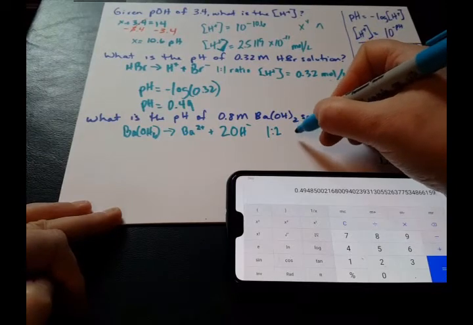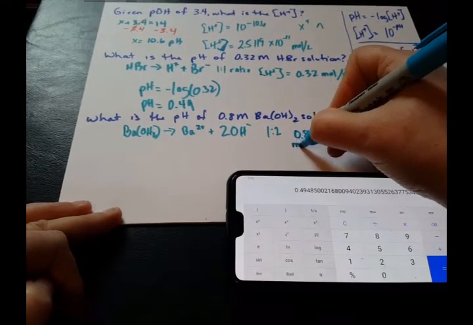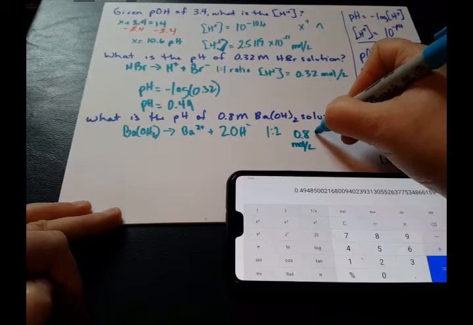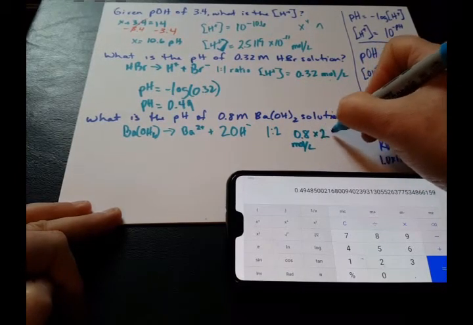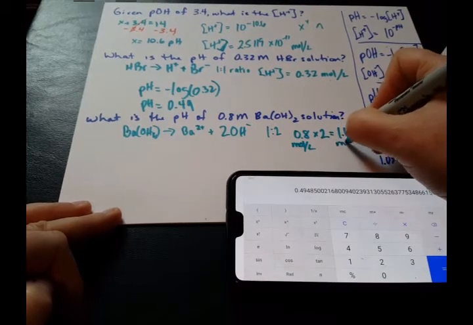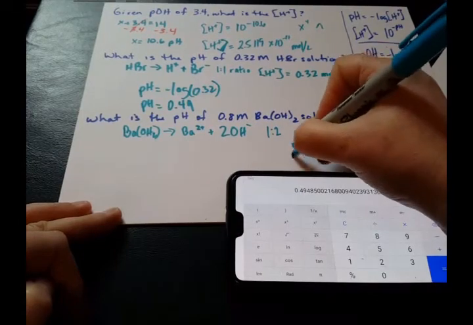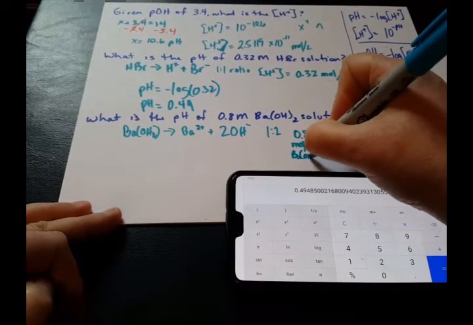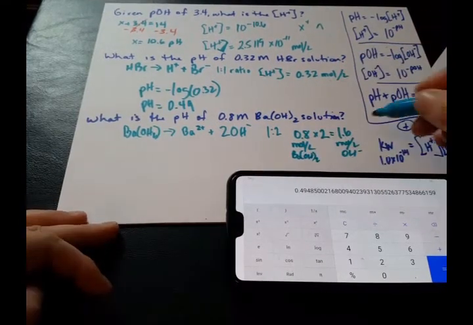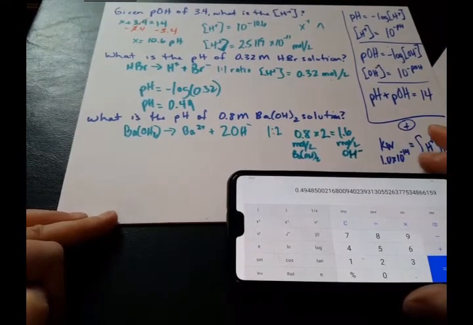So you could take this 0.8 moles per liter and double it. So times that by 2. So we know that we've got twice as much of the hydroxide.